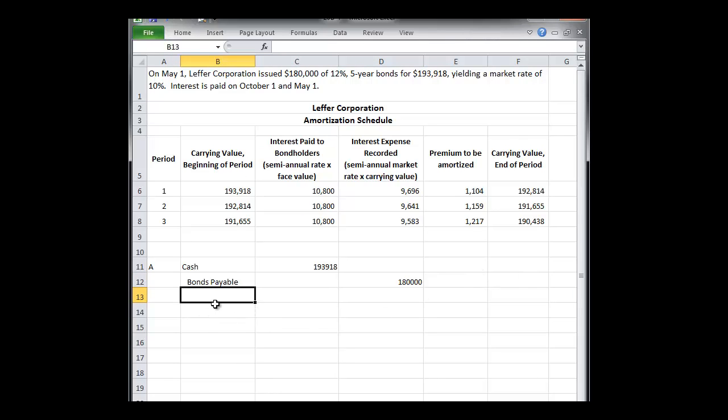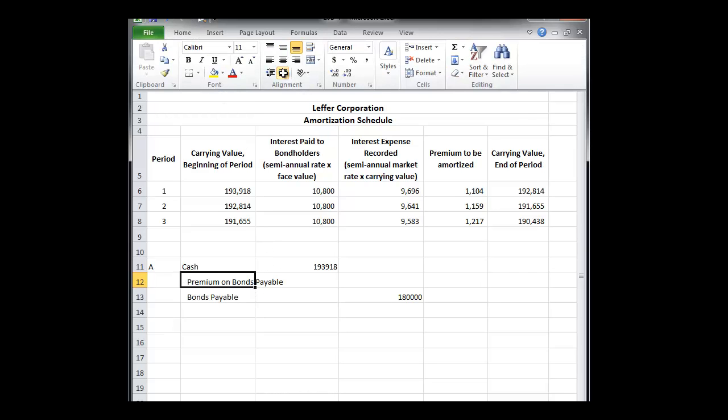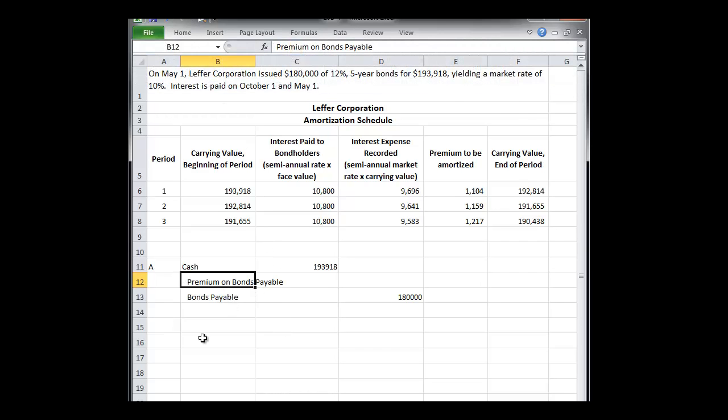I'm missing the premium on bonds, the premium on bonds payable. Excuse me. So I'm just going to move this down just a little bit. I'm going to put my premium on bonds payable in the middle there, which is also a credit, because premium on bonds payable has a normal credit balance and I'm increasing it.